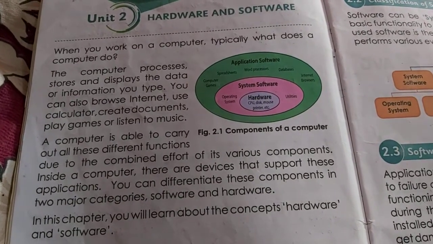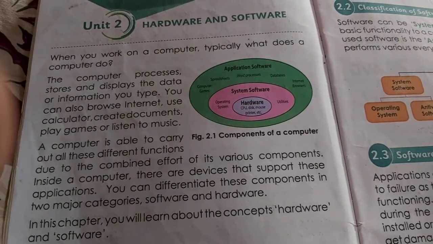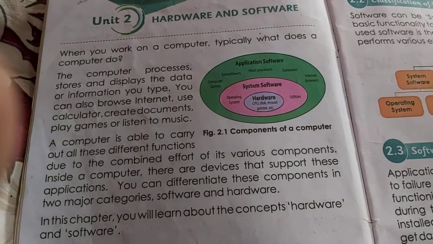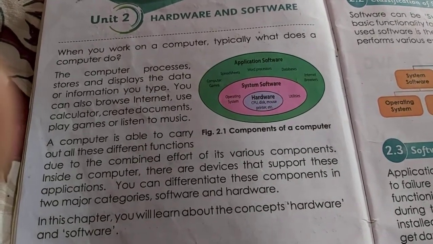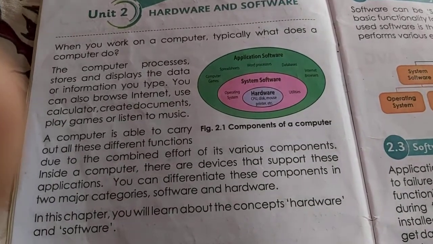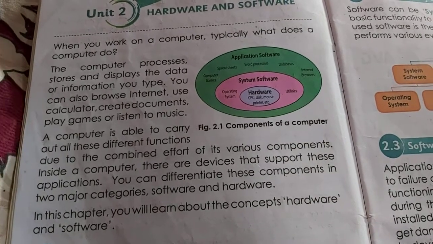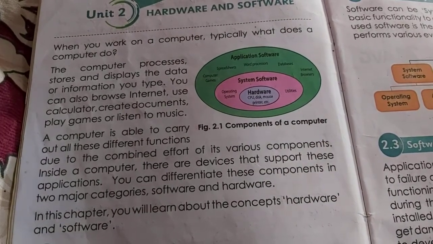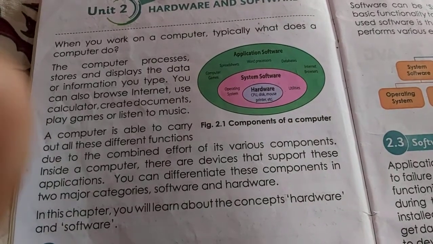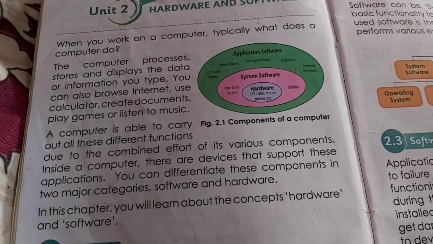There are many tasks, many things you do on a computer. This is possible due to the various components inside the computer. There are various devices that support the calculator, opening the internet, creating a document. We only have to click, and automatically it will happen.